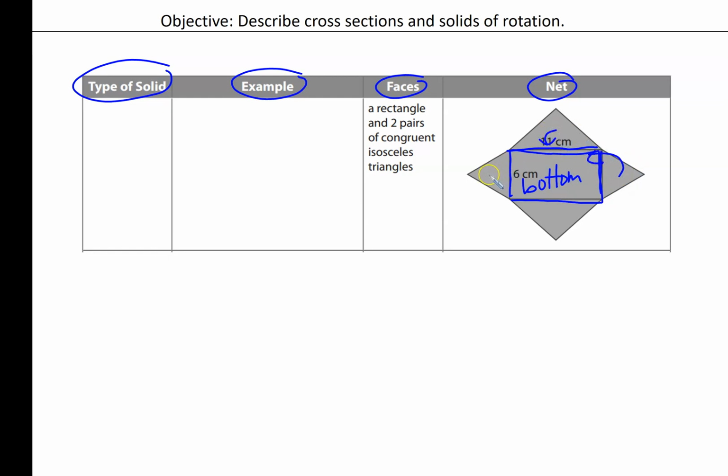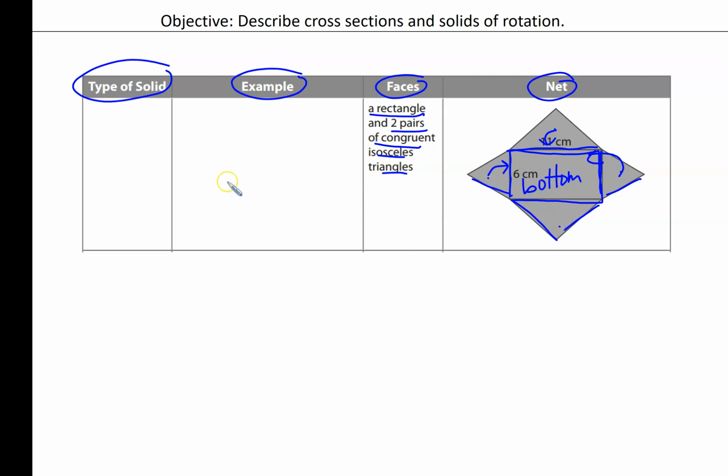Each one of them folds up and meets, so this edge meets that edge, this edge meets that edge, and so on and so forth. And so what it actually will form is a pyramid that has a rectangular bottom or base. So that's the rectangle, 2 pairs of congruent isosceles triangles. So we have these 2 smaller isosceles triangles and the 2 larger ones.